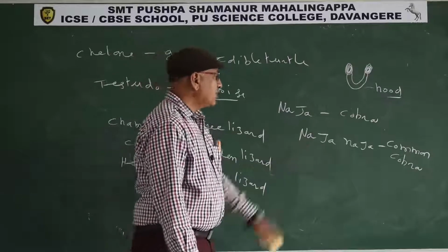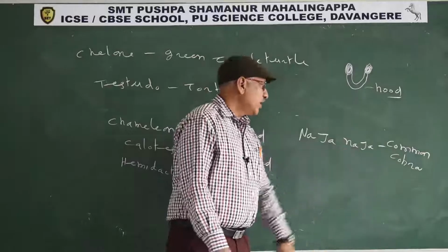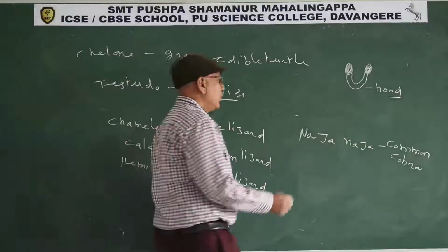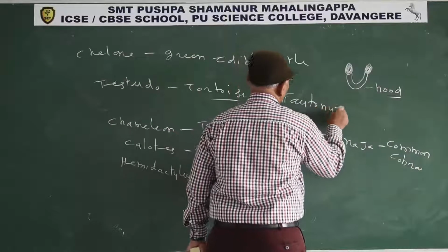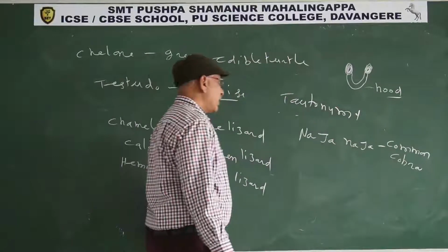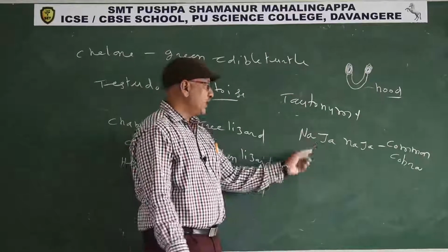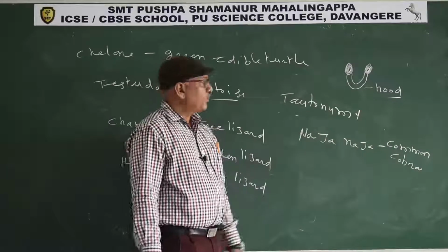Scientific name is Naja naja. So the same Latin word is used for both genus and species name, known as tautonymy. What is tautonymy? If the same Latin word is used for both genus and species, it is known as tautonymy.